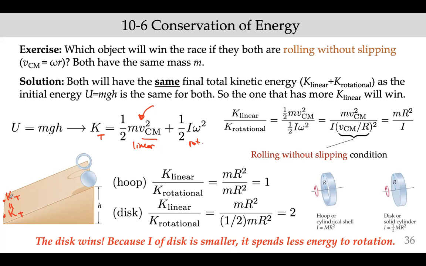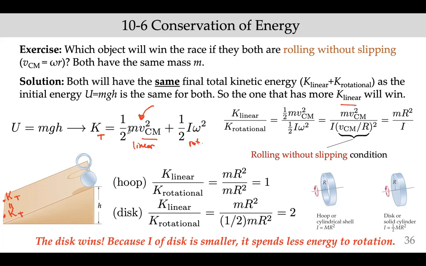That means it will come to the bottom of this incline more quickly. So the one that has more linear part in their kinetic energy will win. Again, the total kinetic energy of both are the same, but one of them has more linear kinetic energy than rotational, so that will come down faster.